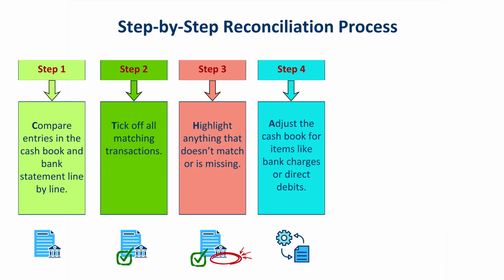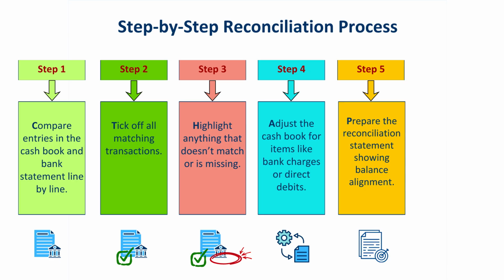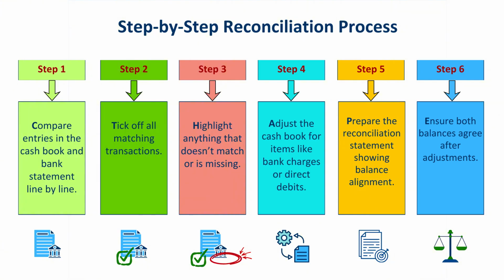Make adjustments in the cash book for any items not yet recorded, such as bank charges or direct debits. Step 5. Prepare the reconciliation statement showing how the cash book balance and the bank statement balance line up. And finally, Step 6. Make sure that after all adjustments, both balances agree. It's a very logical process. Once you practice a few times, you'll find it becomes second nature.